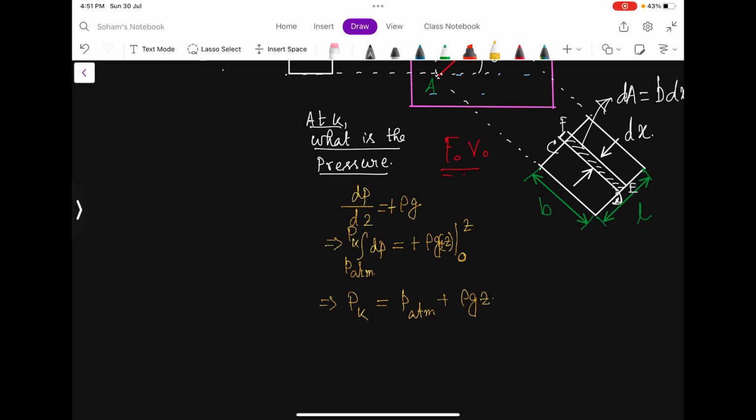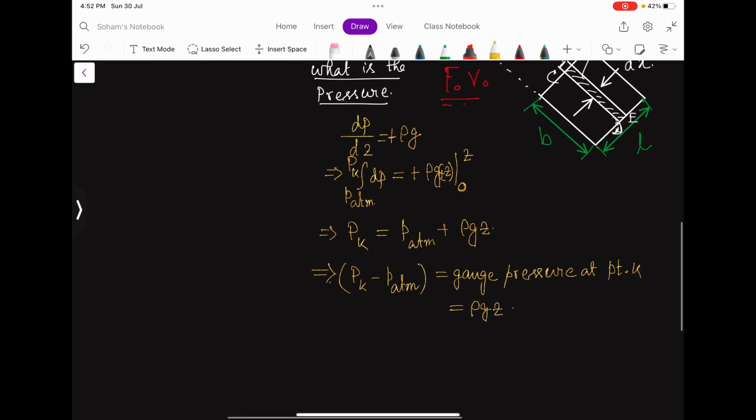So we have found out the P of k, and this parameter is called the gauge pressure, that is the pressure relative to the atmospheric pressure, gauge pressure at point K, and that is equal to rho gz.